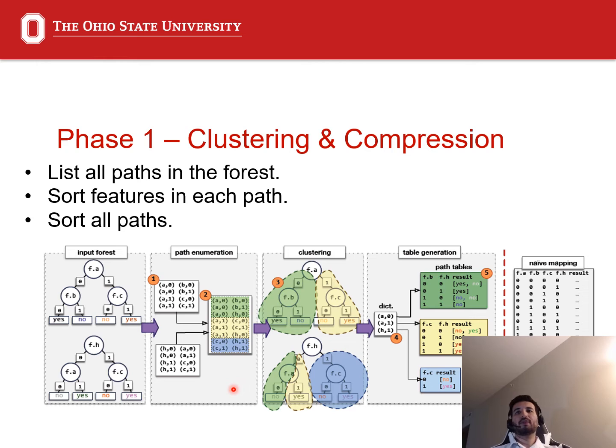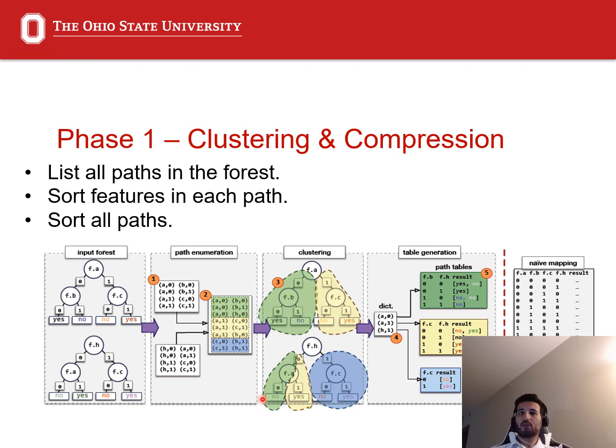This helps both group similar paths that have very similar structures and very similar features, just in a different order, as well as identify quicker which feature belongs to a position when the input features arrive.